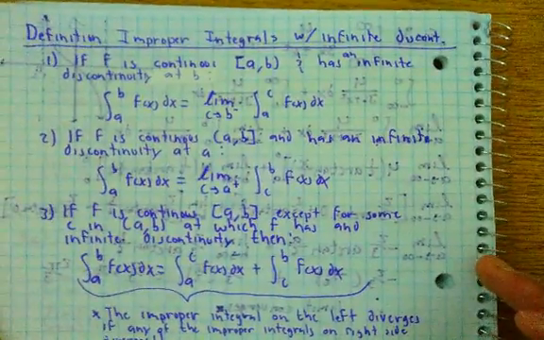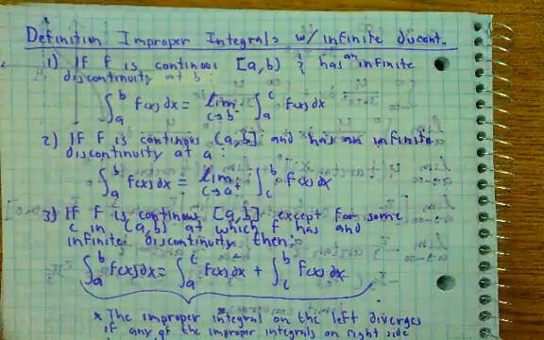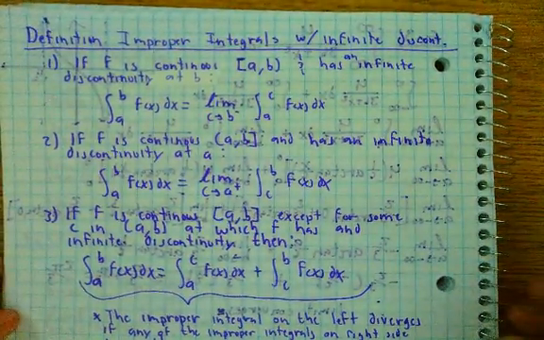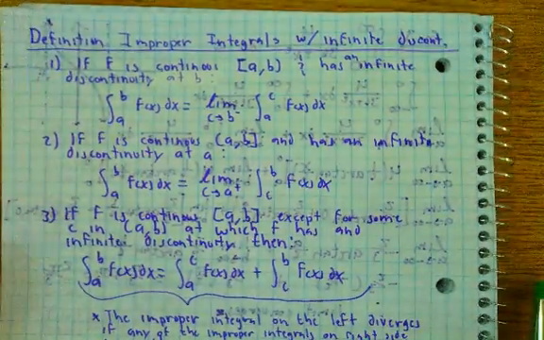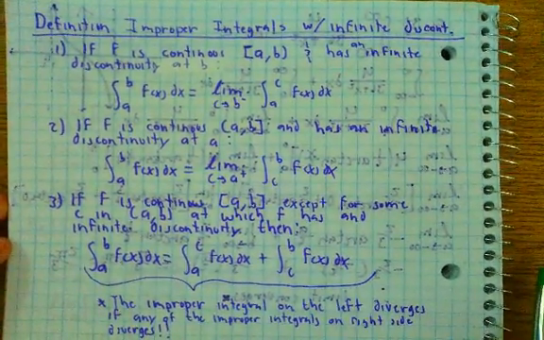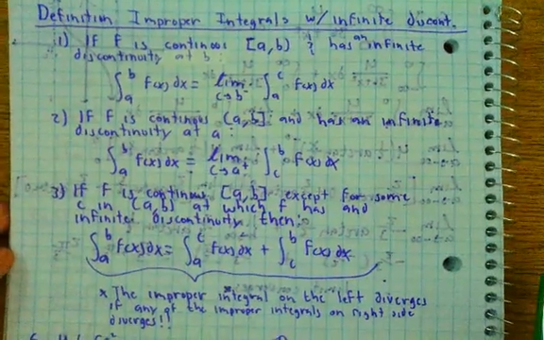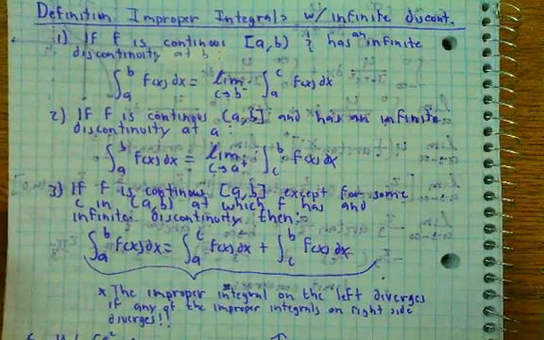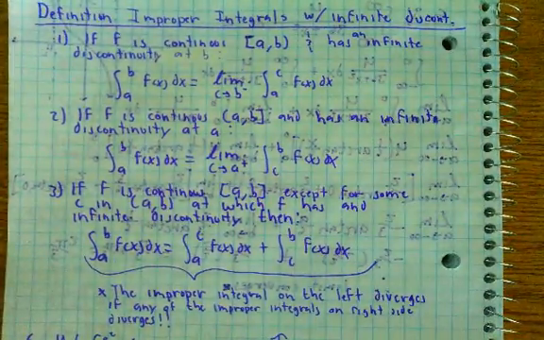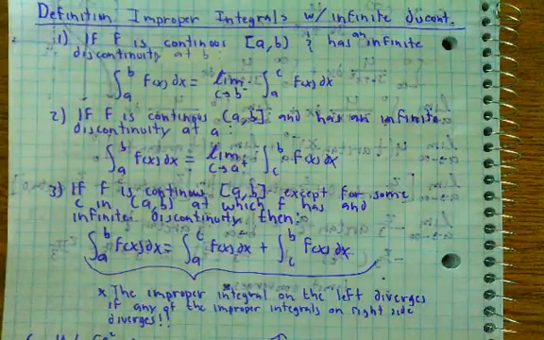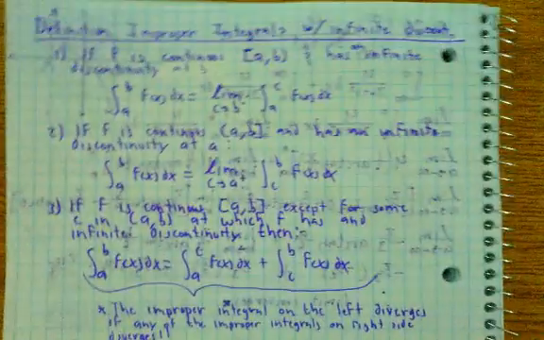What if you have an improper integral with infinite discontinuities? Okay? You're going to have another 3 scenarios, and I'll explain what this means in just a second. I'll draw an example of what this looks like. Let me give you a sketch.